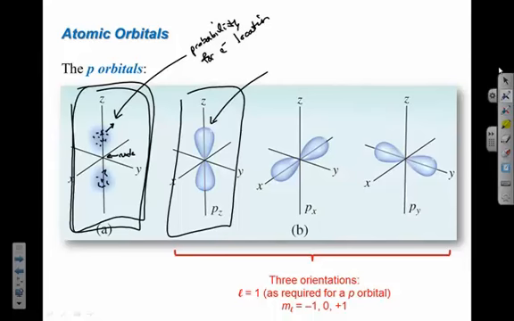As I move out of this orbital, the probability drops quickly and approaches 0, but it never actually completely goes away. So the problem with putting a boundary on that is there is no actual boundary there.